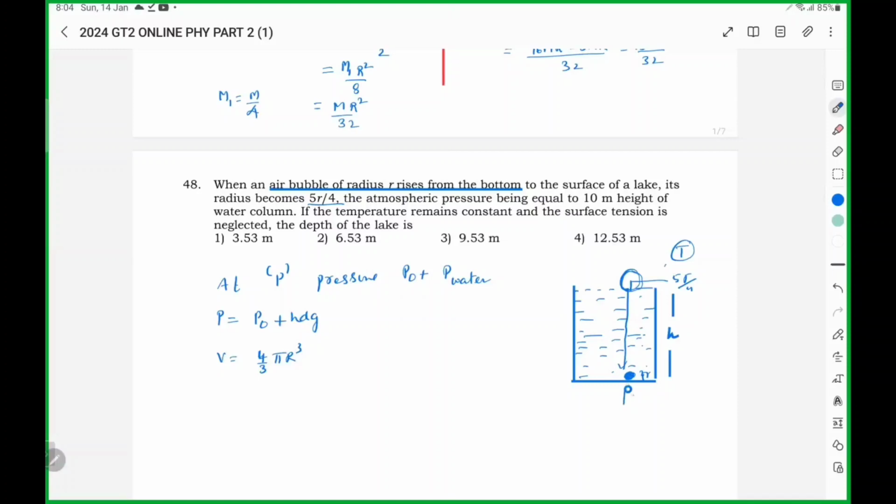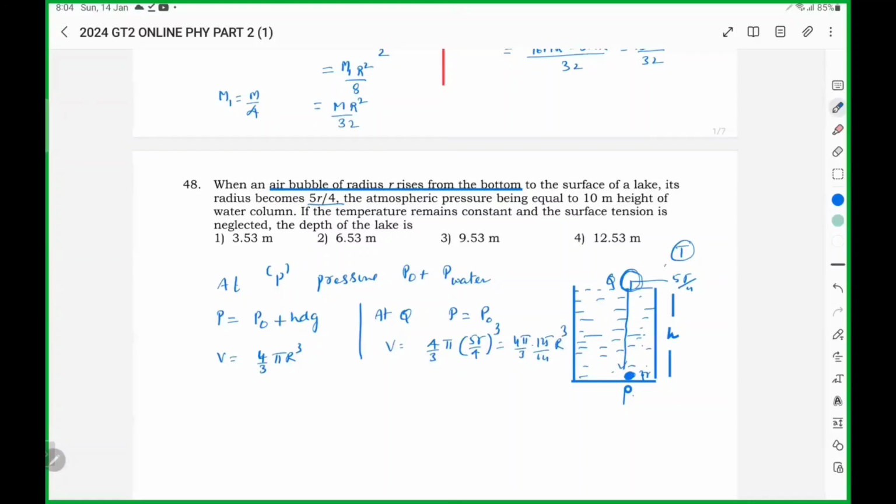At point Q, pressure is only P naught, and the volume is 4 by 3 pi times 5 r by 4 whole cube, which is 125 by 64 r cube.